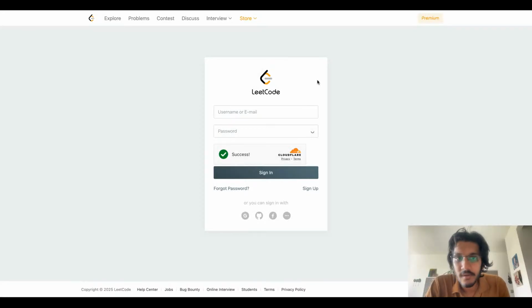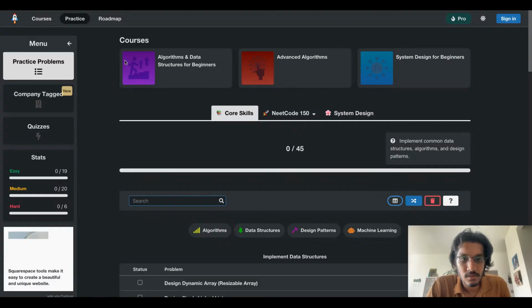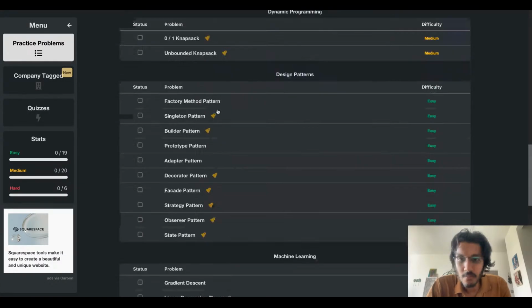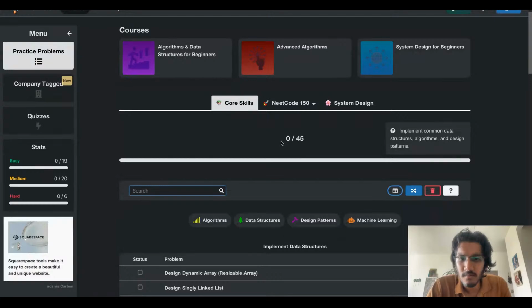Okay, but for today I just want to do a quick LeetCode because I haven't done this in a while. Actually, wait, I was using LeetCode. I thought I signed in. Have I not signed in?